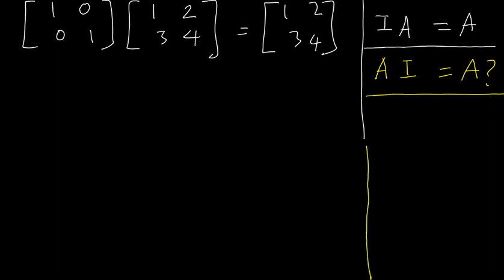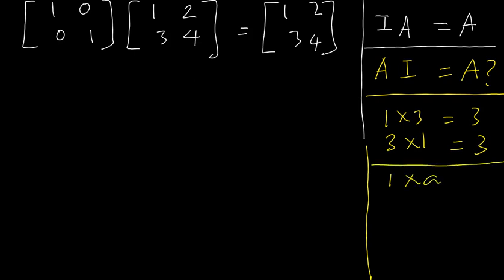Because identity meaning if 1 times 3 you get 3, 3 times 1 you also get 3, right? Like 1 when you times with any number you'll get, let's say A, you'll get A. A when you times with 1 you'll get A also.